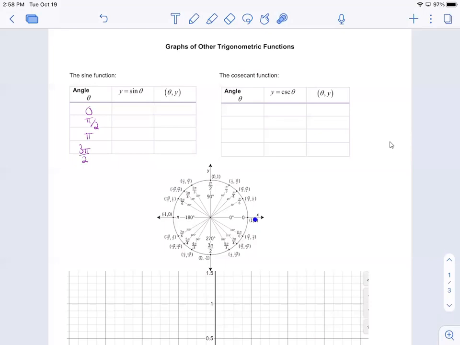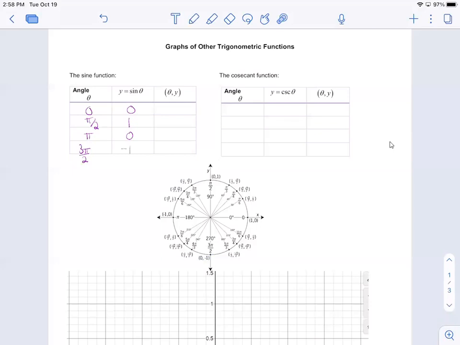When I put in 0, my sine function will spit out 0. When I put in pi over 2, it spits out 1. When I put in pi, it spits out 0. And when I put in 3 pi over 2, it spits out -1.